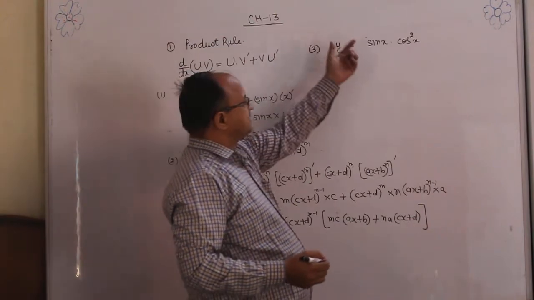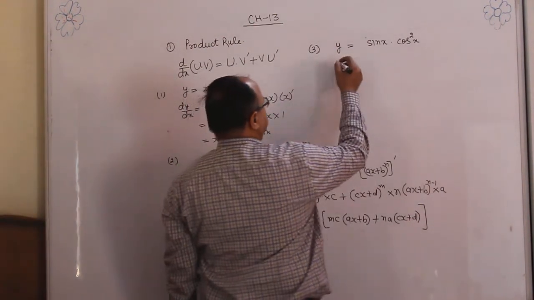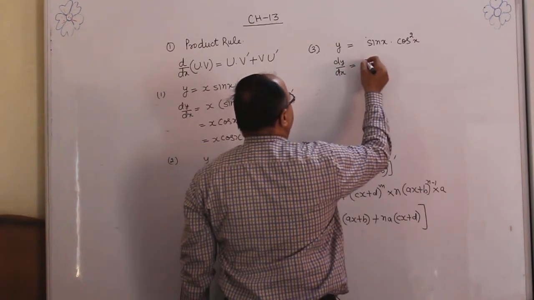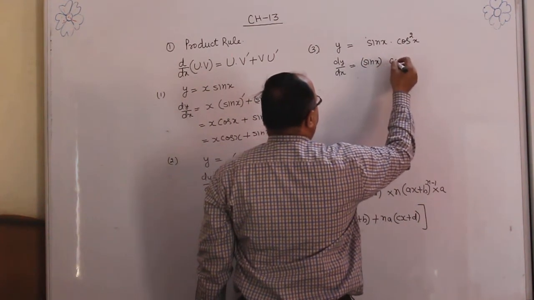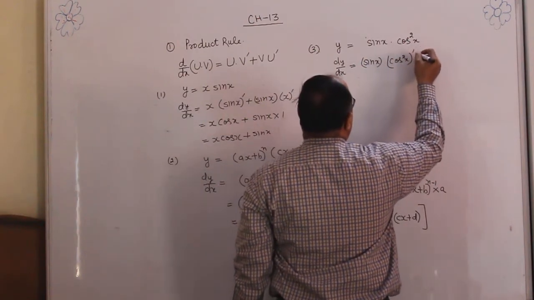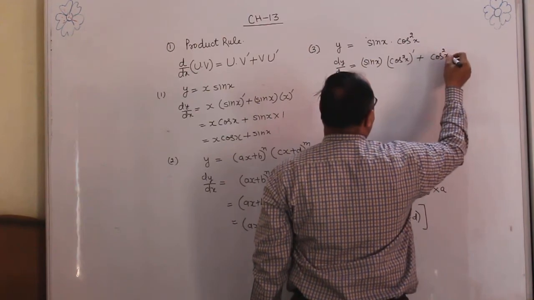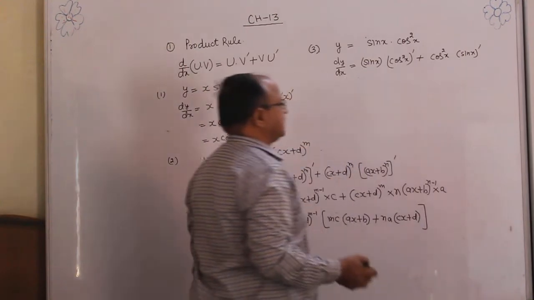Find the derivative of this function using the product rule. dy by dx: first function as it is, derivative of second function, plus second function as it is, derivative of first function. Clear?